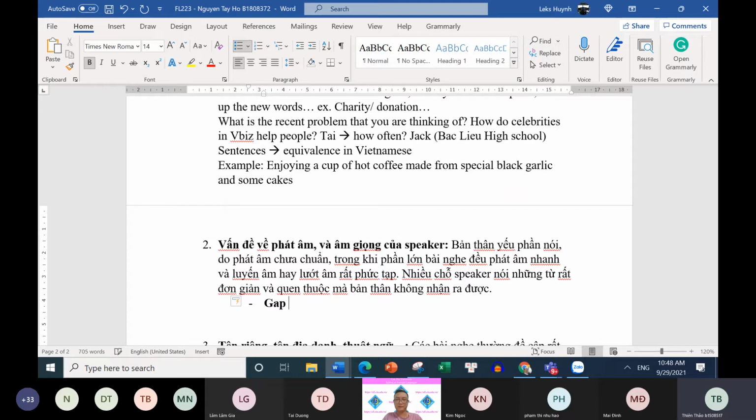The accent and the sounds of each word, or we can say the phonetics. What is the gap now? Do you recognize anything that you need to improve?